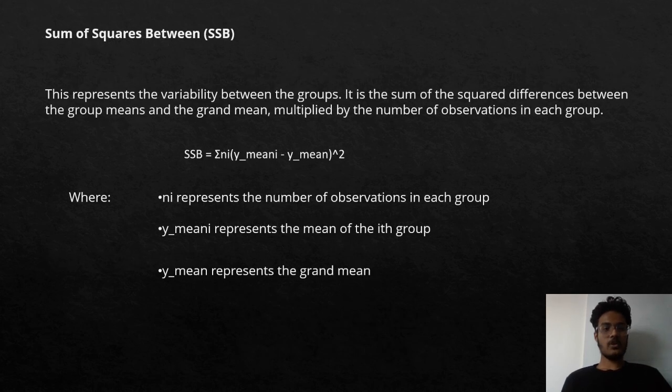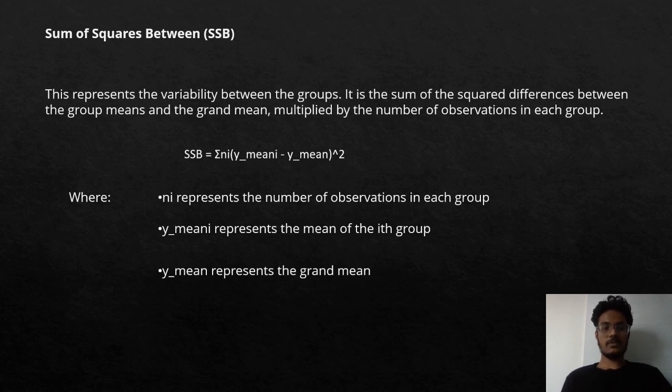Then one more important formula is to calculate sum of squares between, which is summation of ni times y mean i minus y mean, whole squared. Here y mean i represents the mean of the group, and ni represents the number of observations in each group. Y mean represents the grand mean.